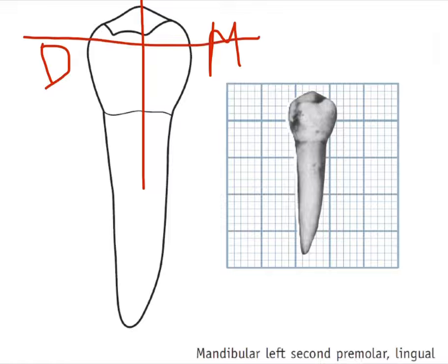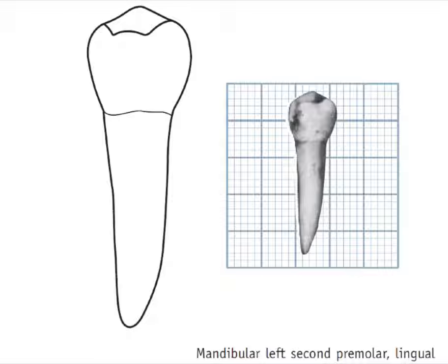Same, the contact points are at 14 millimeters from the midline. We have two lingual cusps, one called mesiolingual and one small distolingual cusp.